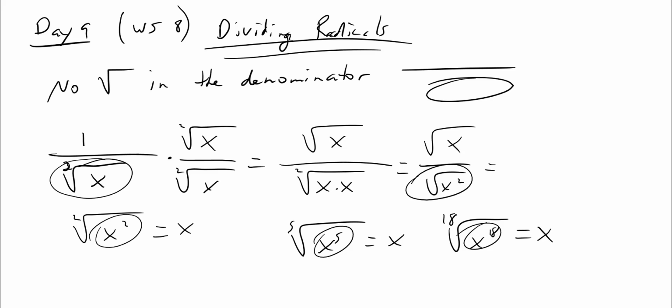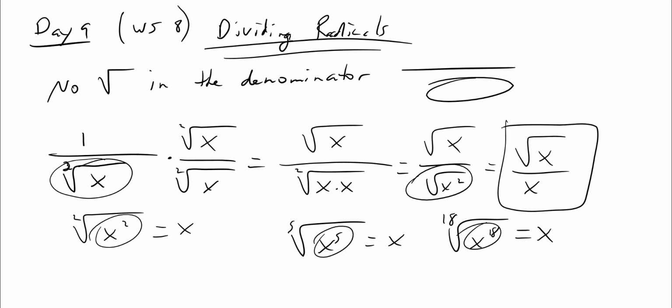And you guys agree the square root of x squared is just x. And on top I have that. So this is my final answer. My goal again is to get rid of that denominator with the square root. I can have whatever I want on the top, I just can't have a square root in the bottom.